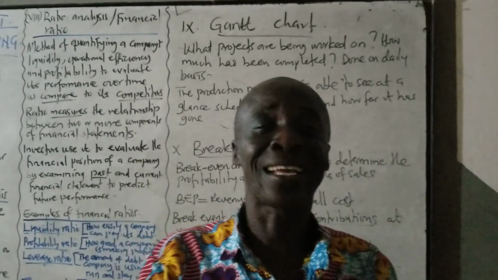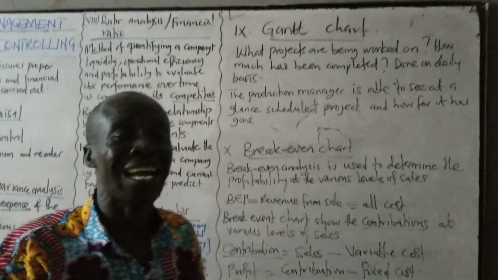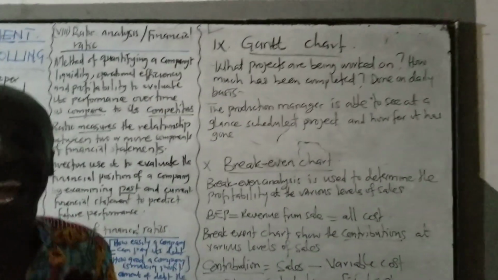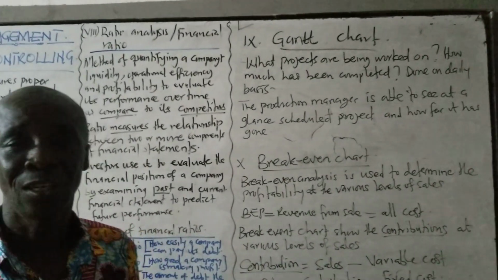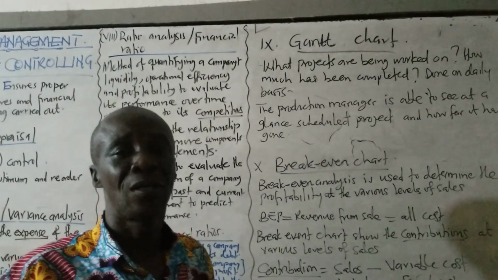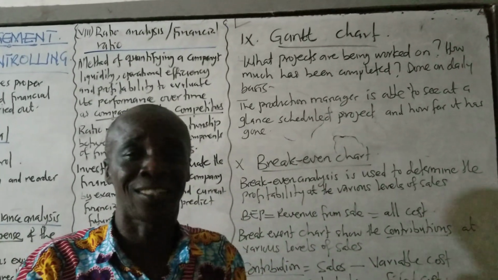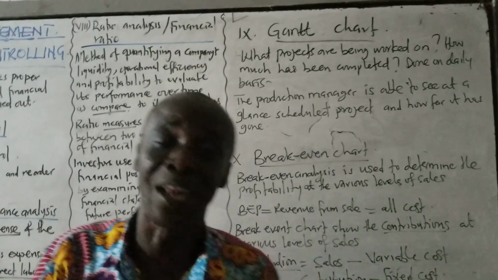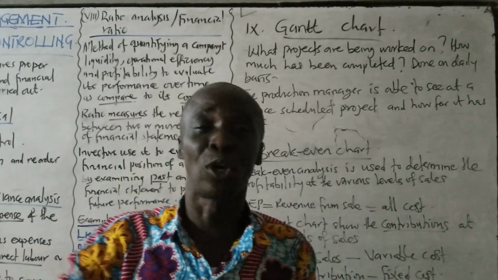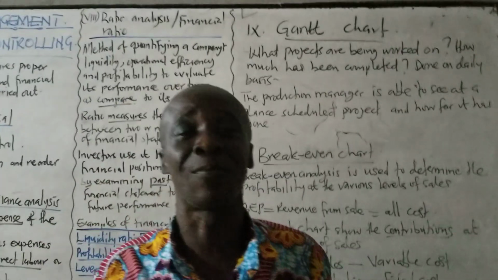So this man came out with a chart, and that chart helped the production managers to know their project schedules. When I say project schedules, okay, I will go there to show you a diagram, and even that diagram was your project. So you made that diagram before you went home. I'll be using it very soon.